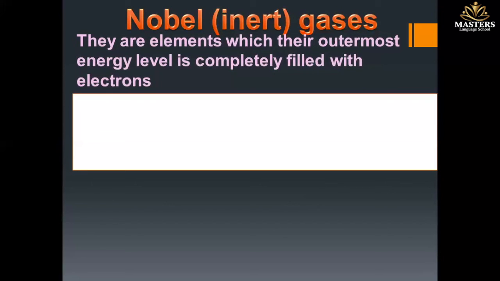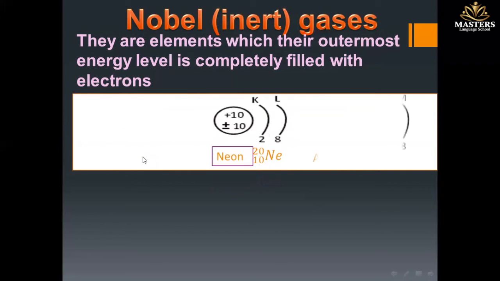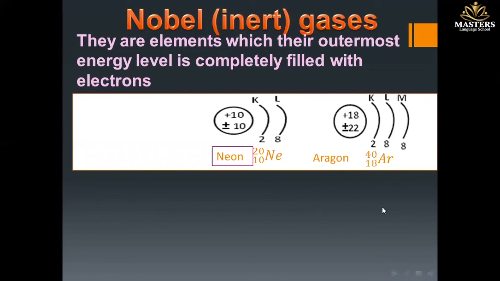For example, neon, argon. So neon contains 8 electrons in the outermost energy level, so it's saturated with electrons. Argon also contains 8 electrons, so it's saturated with electrons.